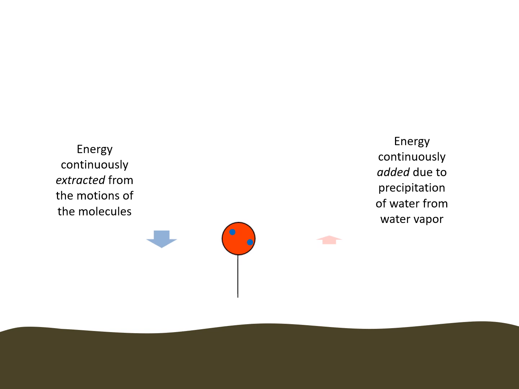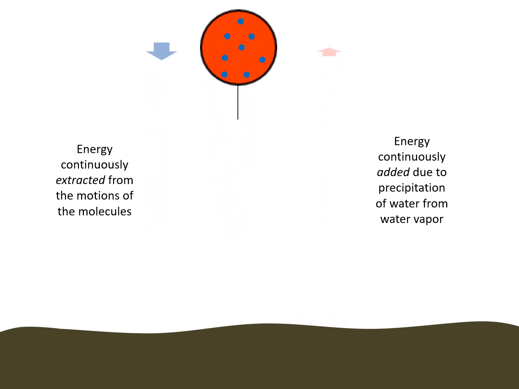But if the air is continuously precipitating during ascent, then this extraction of energy is partially balanced by an addition of energy from the latent heat of evaporation, the energy given off when water vapor transforms to liquid water. Here we can see our balloon continuing to expand, requiring energy, but we can also see raindrops forming which continuously supply energy. The energy added is still less than the energy extracted, but it offsets the temperature decrease and results in a smaller rate of cooling with ascent.